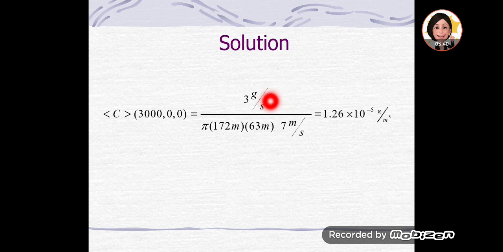This 3 gram per second is the flow rate, the Q. This is the U, and the sigmas. So it gives you the concentration of the emitted gas at 3 kilometers.